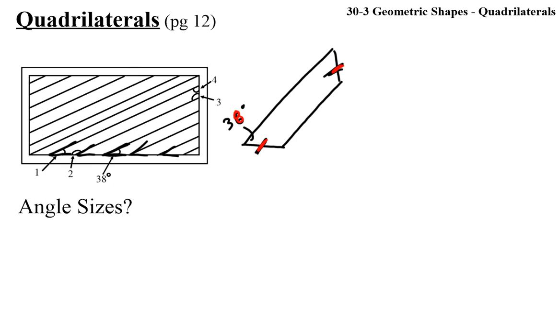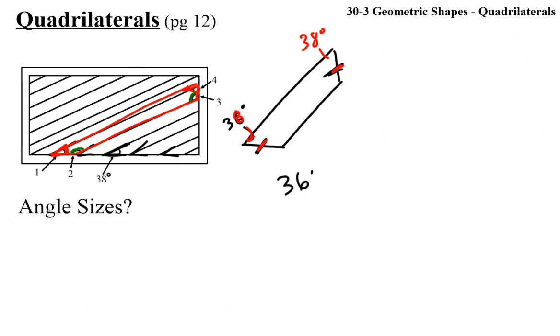So if this is 38 here, well, its partner, angle 4, is also 38 degrees because this is an isosceles trapezoid. Angle 1 is the same as angle 4, and because it's isosceles, angle 3 is the same as angle 2. How do we figure that out?